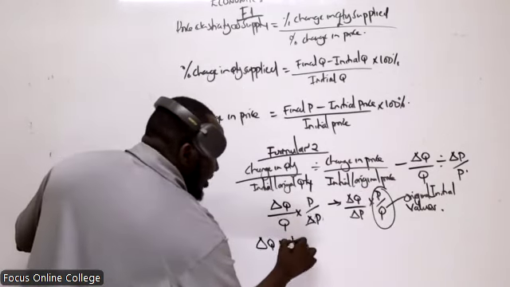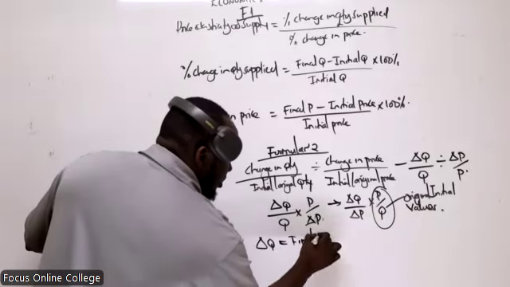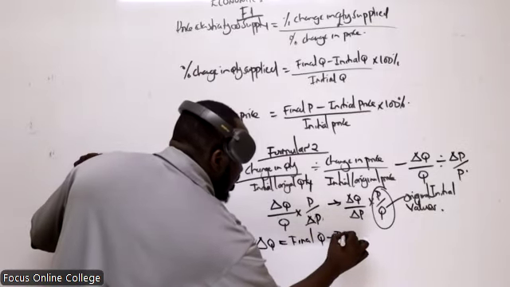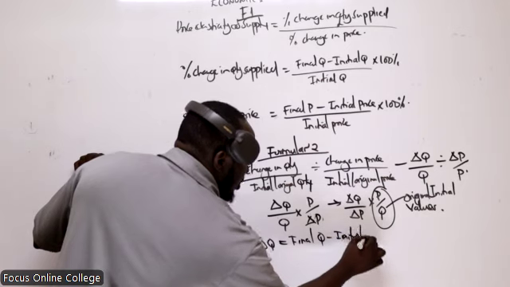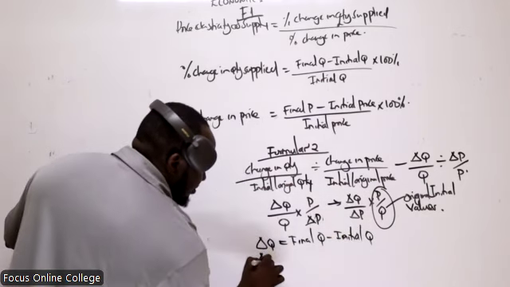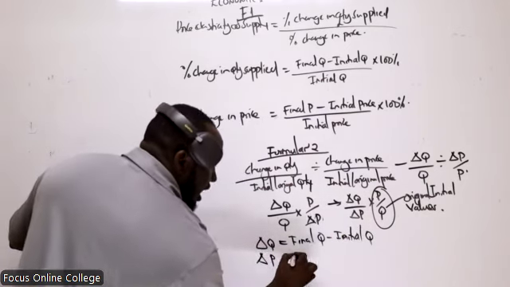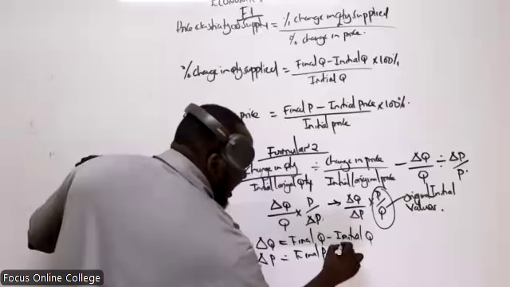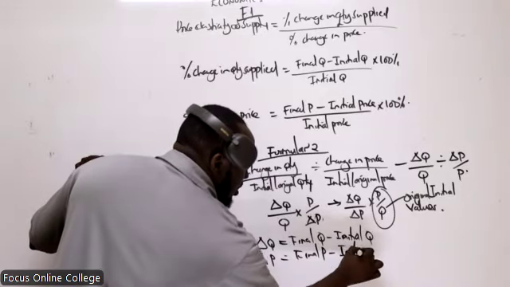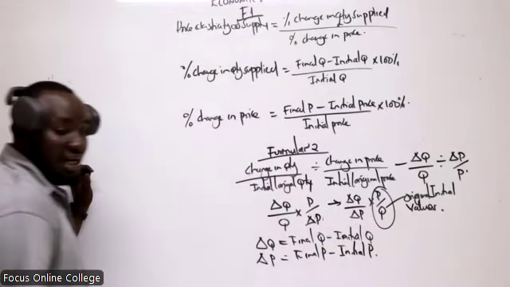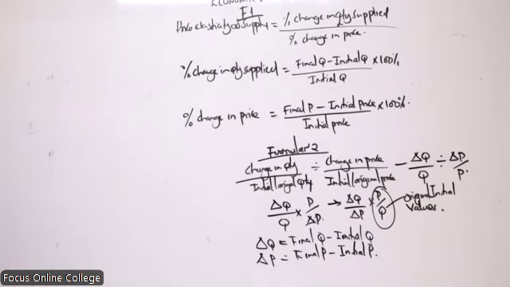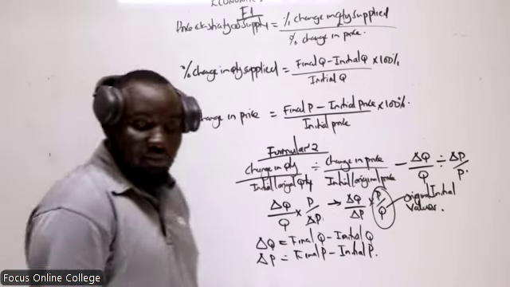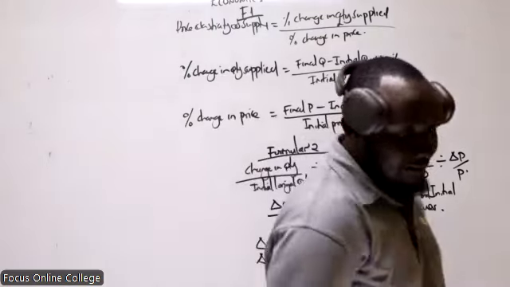Change in Q would now be final Q minus initial Q. When I have change in price, not percentage now, I'll have final P minus initial P.